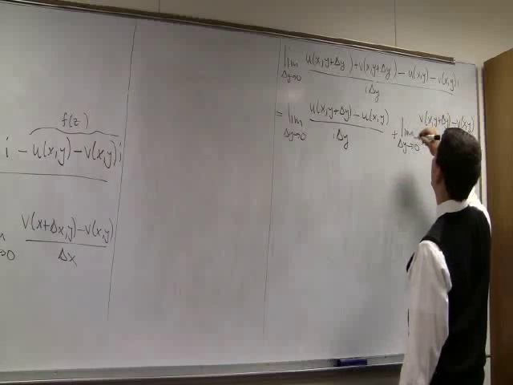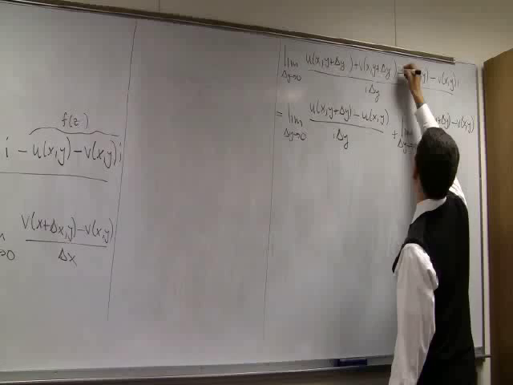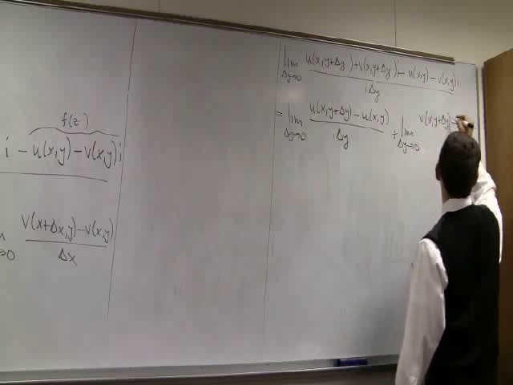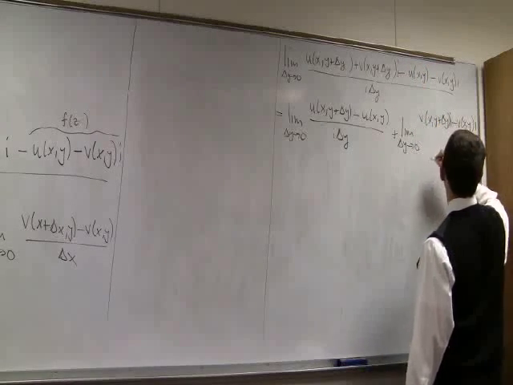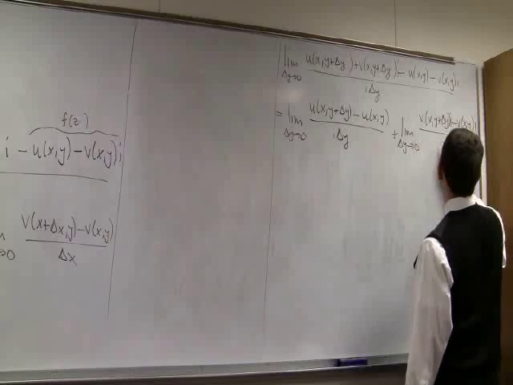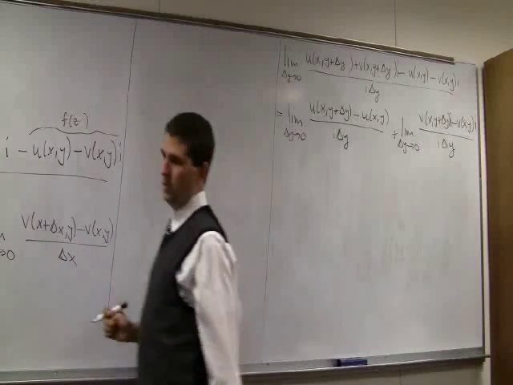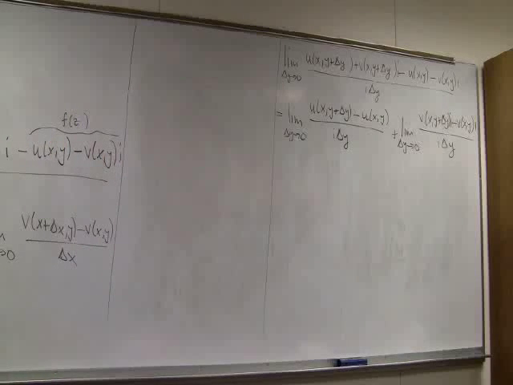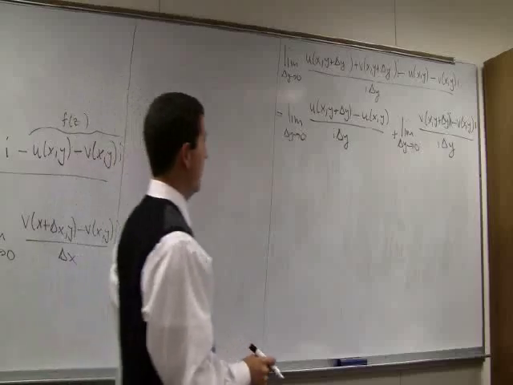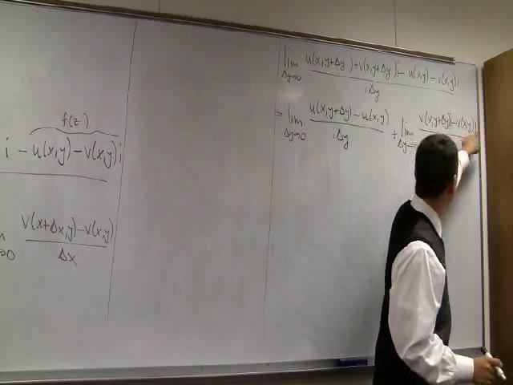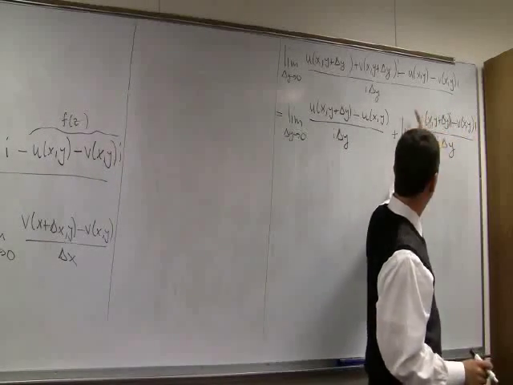And the i should be up here. That's where the i should be. Over i delta y. Phew. That's easy enough. The i's all cancel now. On this side, you can factor out an i and then it cancels.